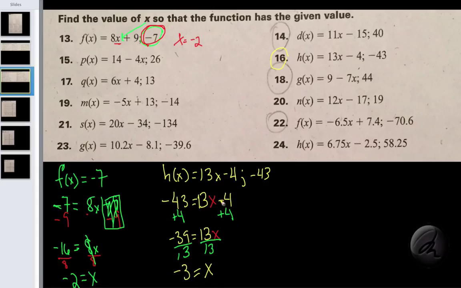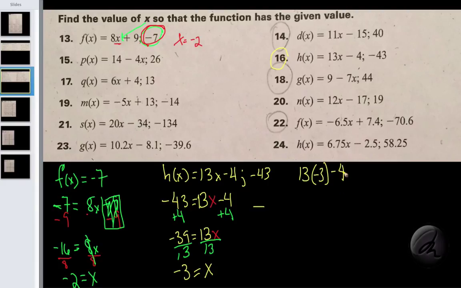And so for this function to have the value of negative 43, my x must equal negative 3. So let me go ahead and check that actually. So negative 13 times negative 3 minus 4.